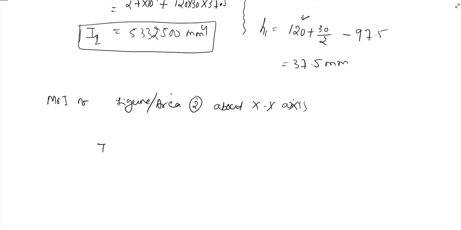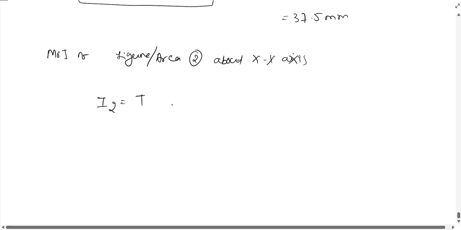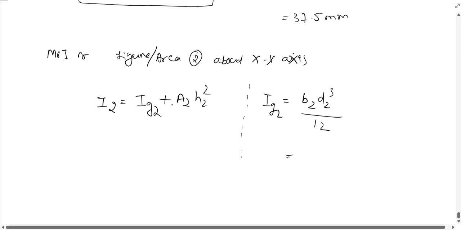So let I2 be the moment of inertia of figure 2, area 2, about x axis, which is equal to Ig2 plus A2 H2 square. You can calculate Ig2 by following the formula B2 D2 cube by 12, where B2 is 30, D2 is 120 cube by 12, which is equal to 432 into 10 to the power 4 millimeter to the power 4.